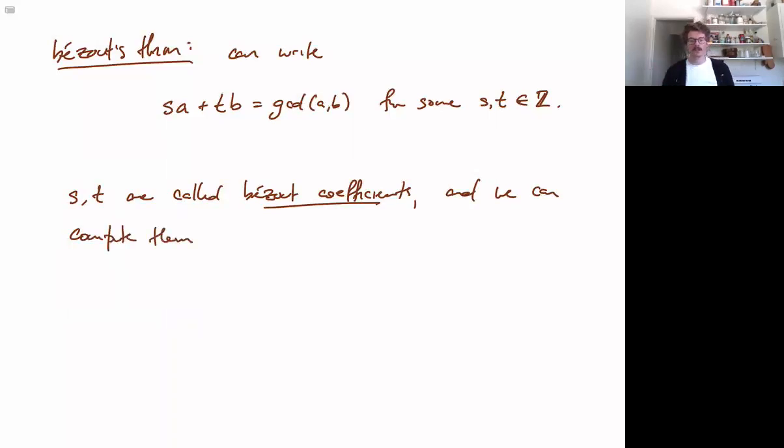Like I said, the Euclidean algorithm is going to tell us more than just the greatest common divisor. We can compute these guys as well, basically from the Euclidean algorithm. And we do that essentially by working backwards.